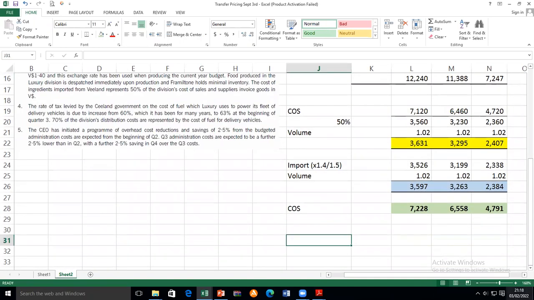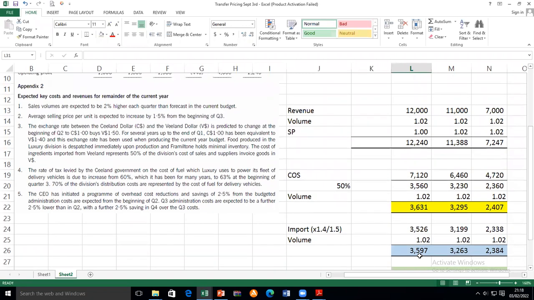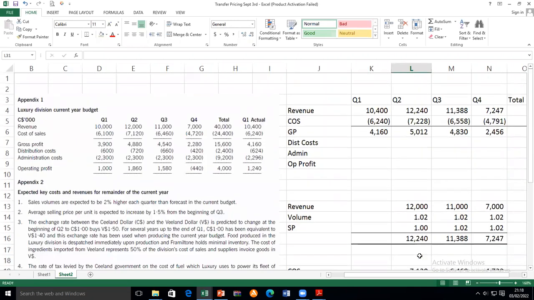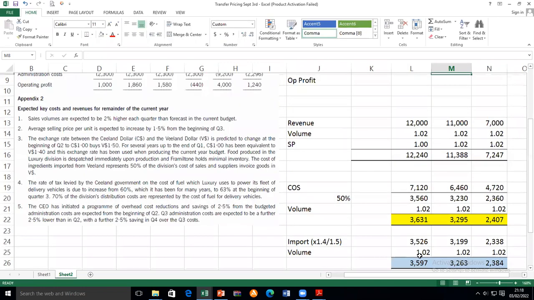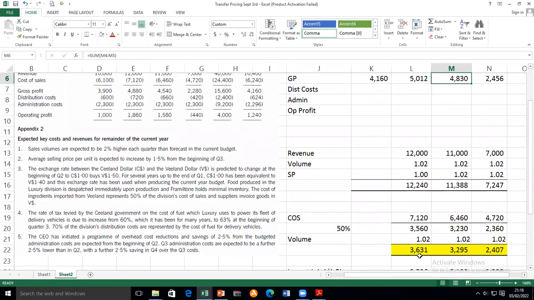So you say, okay, distribution costs. Let's put in the distribution costs. So before, what are they? The distribution costs are 720, 660, and 420.